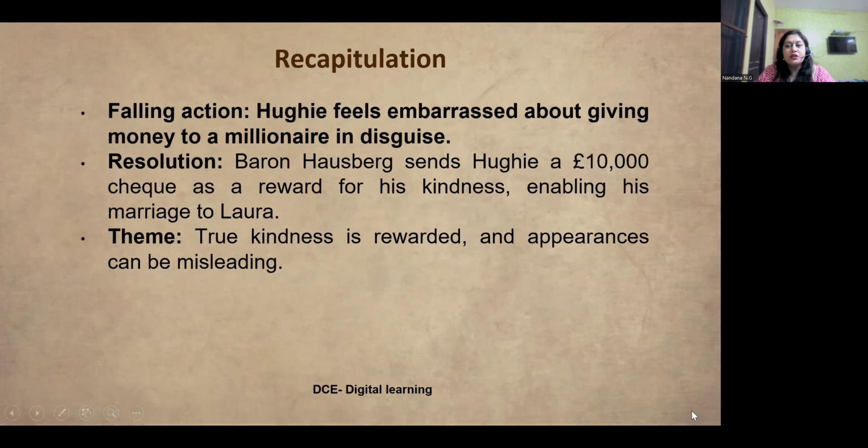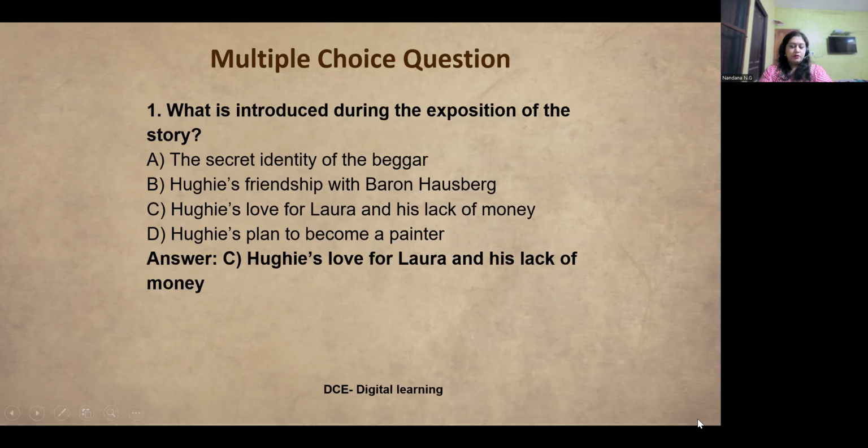The falling action is when Huey feels embarrassed about giving money to a millionaire in disguise. And the resolution happens when Baron Hausberg sends Huey a 10,000 pound check as a reward for his kindness, enabling his marriage to Laura. The themes that are prominently displayed in the story are that true kindness is rewarded and appearances can be misleading. Let us go for the multiple choice question answer session.